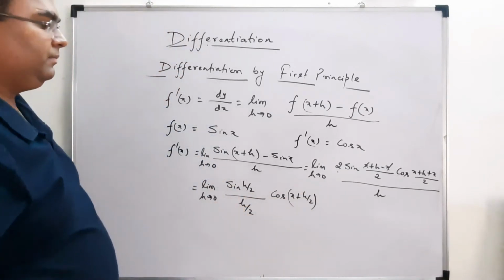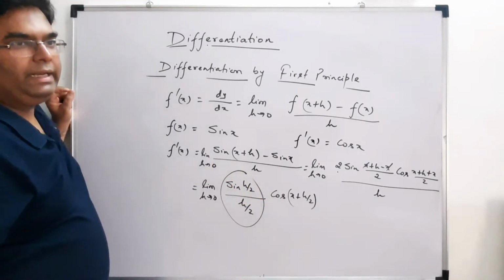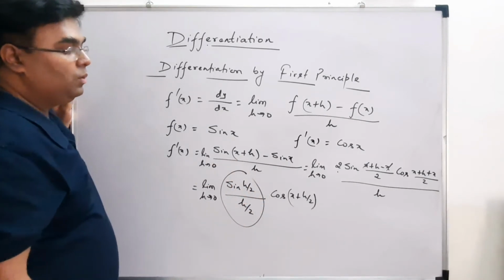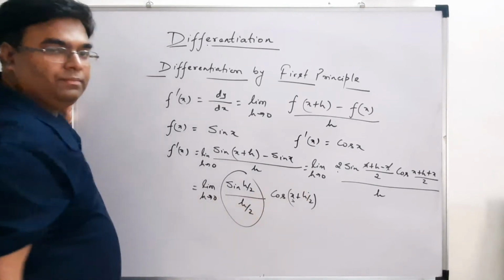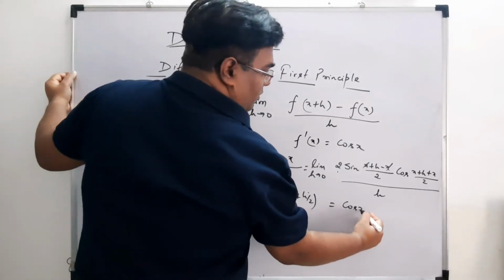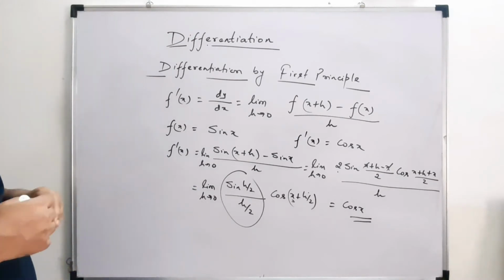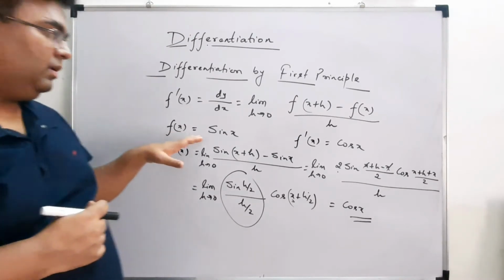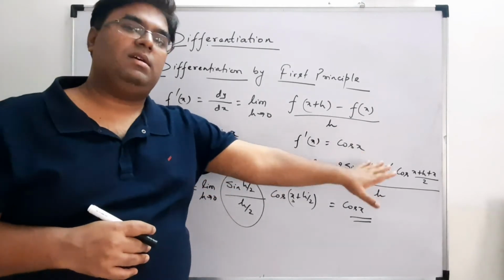Now we know the limit formula: sin h by h is 1, and if we put h equal to 0, only x remains. So we get cos x. Using this we have found how this differentiation has come.